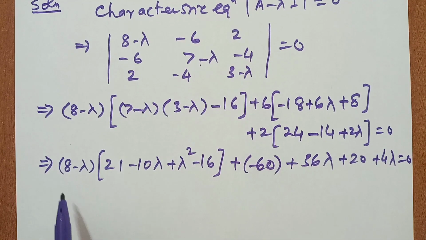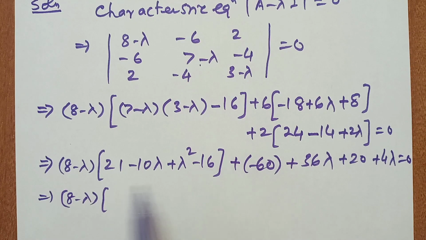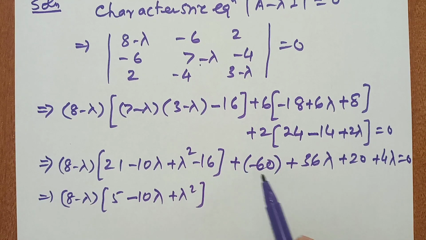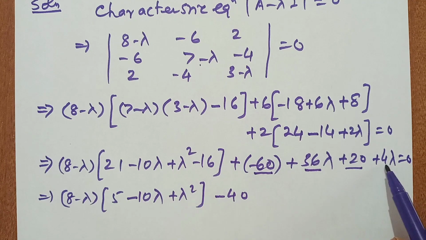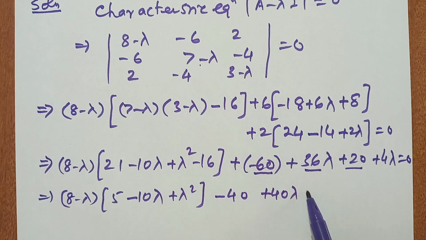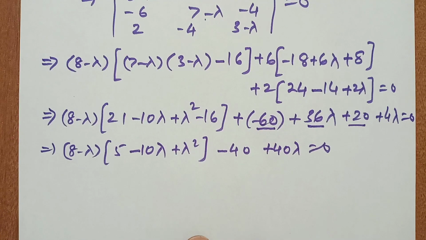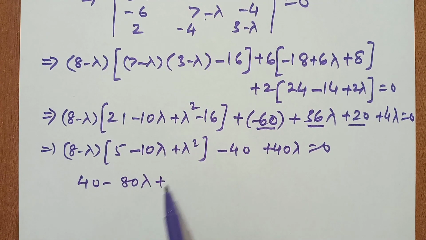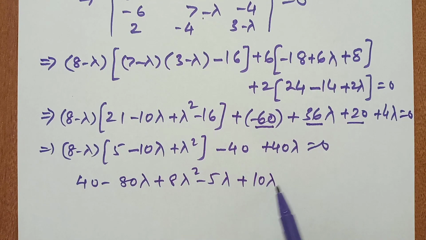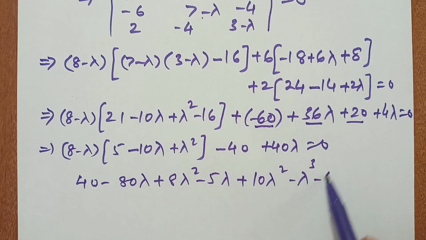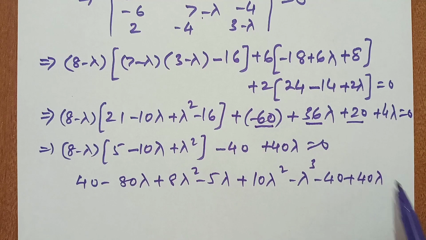Again 8 minus lambda into (21 minus 16, 5 minus 10 lambda plus lambda square), here minus 60 plus 20, so minus 40, and 36 lambda plus 4 lambda, so plus 40 lambda. The next step is 40 minus 80 lambda plus 8 lambda square minus 5 lambda plus 10 lambda square minus lambda cube minus 40 plus 40 lambda equal to 0.